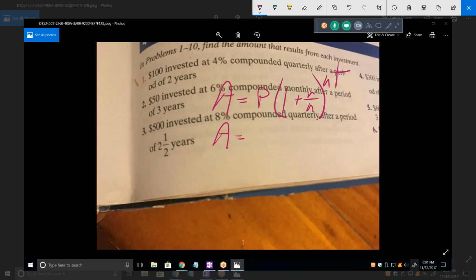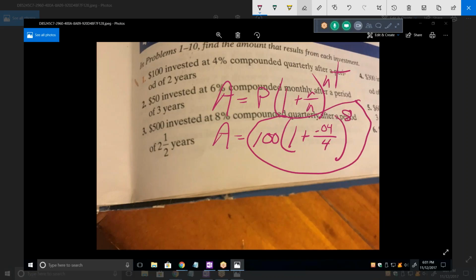For problem number 1: 100, and then parentheses 1 plus, what's the rate? 0.04, divided by 4, to the power of 4 times 2. Perfect. And you get that number out of your calculator.